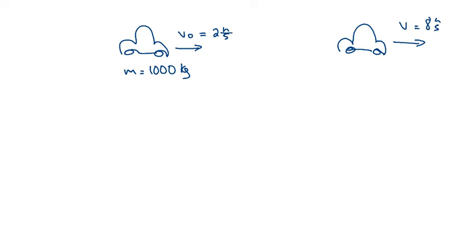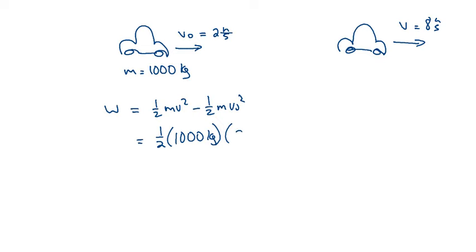And they say, how much work did that take? Well, you got it, right? Work equals 1/2 mv squared minus 1/2 mv naught squared. And we have all of those numbers. Sorry, 8 meters per second for the final velocity there.